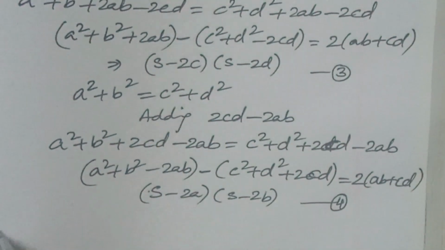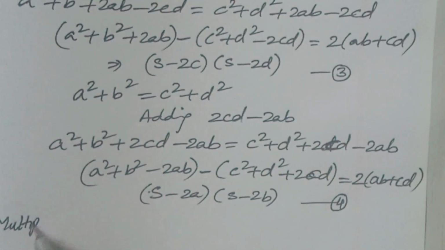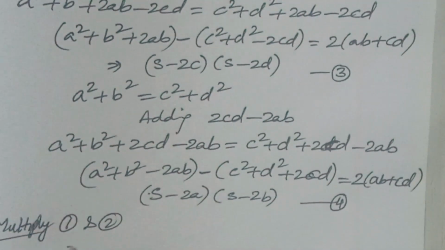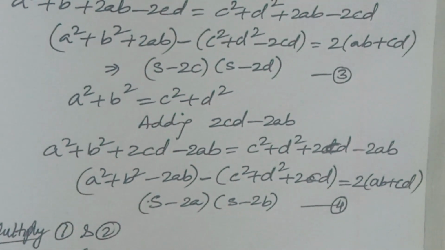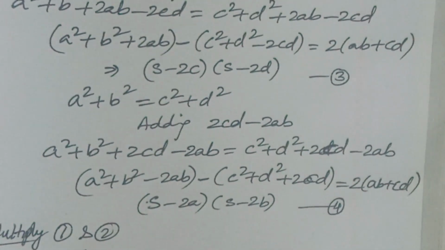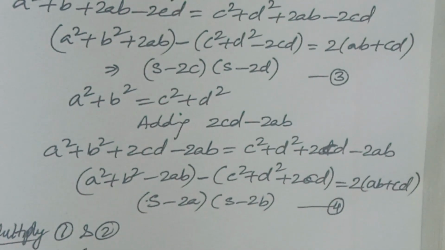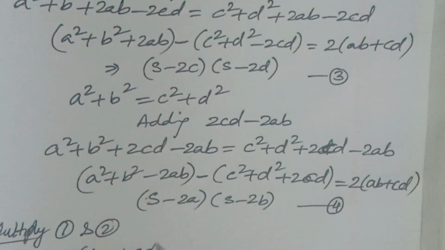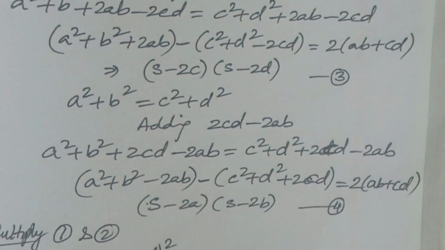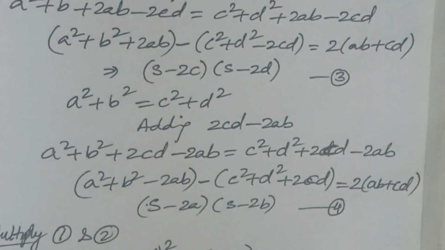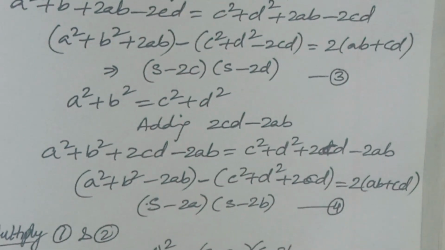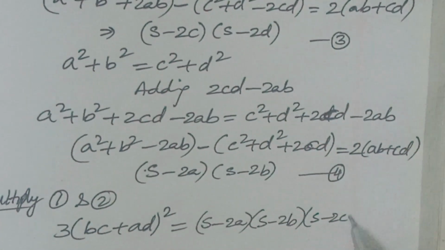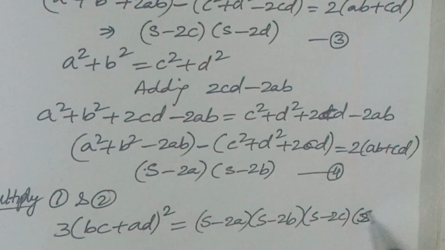Now multiplying 1 and 2, so what is 1? 3 of BC plus AD whole square is equal to S minus 2A into S minus 2B into S minus 2C into S minus 2D.